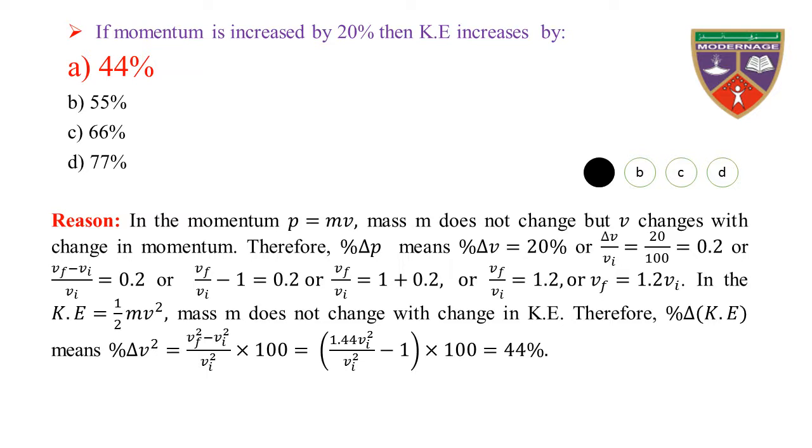In the kinetic energy, KE is equal to 1 by 2 mv square. Mass m does not change with change in kinetic energy.